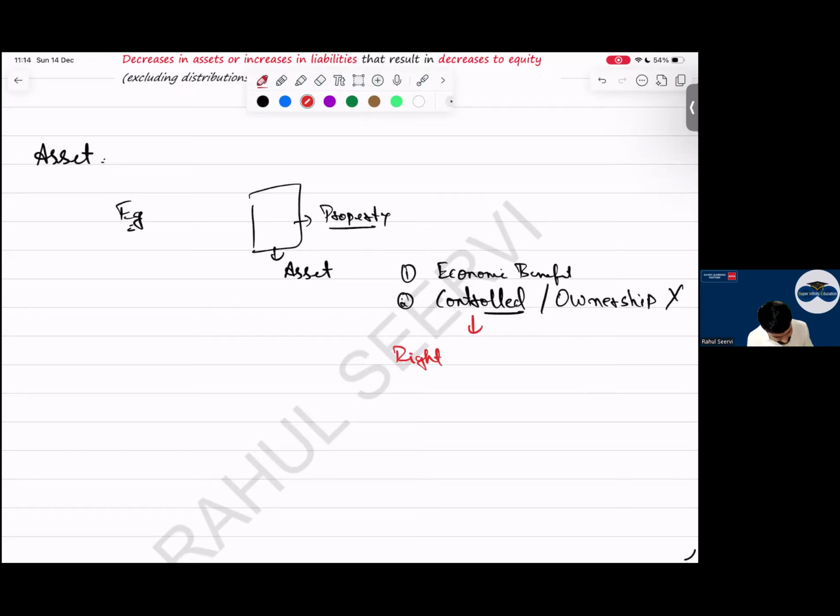Right to take all substantial benefits. Yes, sir. And direct the use of the asset. Yes, sir. Control basically means I can take the benefit, and I can direct however I want how I use the asset. Simple.